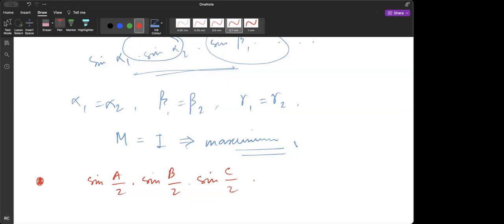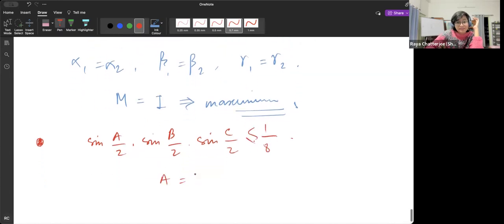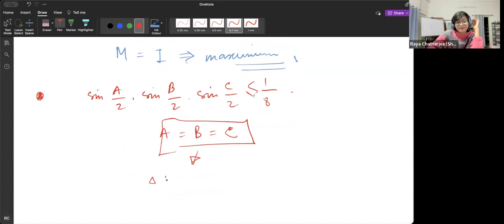We have the theorem that it is less than or equal to 1/8, with equality when A equals B equals C. So the maximum is attained when all three angles are equal and ABC is equilateral. Done. Is that clear, everyone?